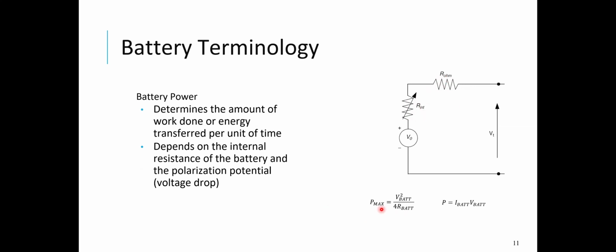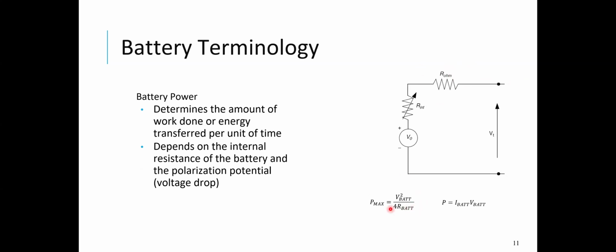So the maximum power I can extract from the battery is if the resistance I connect to the battery terminals is equal to the internal resistance of the battery, the sum of these two resistors, and that's called the maximum power theorem, where the maximum power that an ideal source can supply will happen at a load that equals the internal resistance of that source.